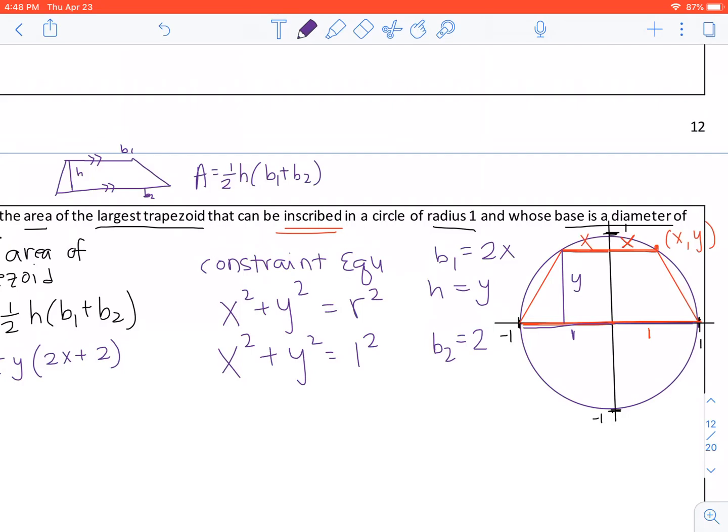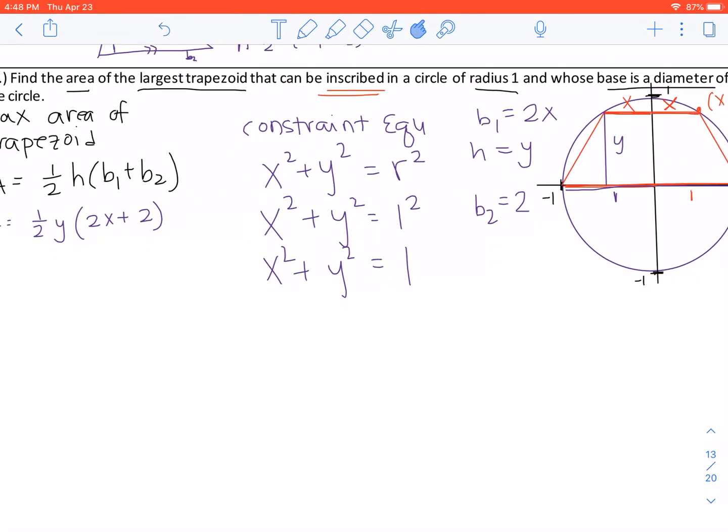And so this just simplifies to x squared plus y squared equals 1. And my constraint equation is what I use to solve for one of my variables to substitute into the other equation, the one that we're trying to maximize or minimize. So I'm going to go ahead and solve this. I'm going to solve it for y, but again, it doesn't really matter.